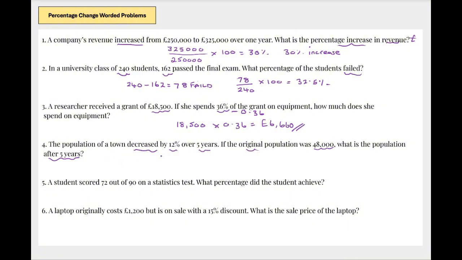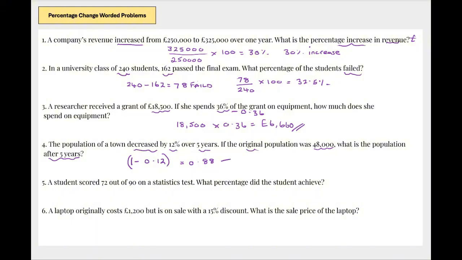So the population of town decreased by 12%. So the population, which I'm going to say is 1 out of 100, subtract our 12%, which is going to be a decimal, equals 0.88. That's what's left.